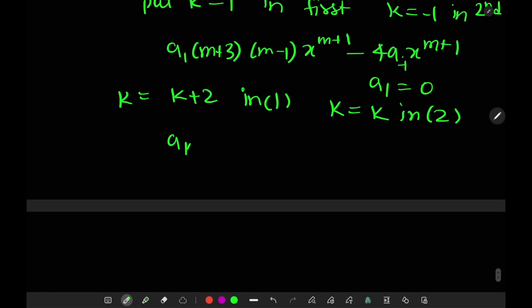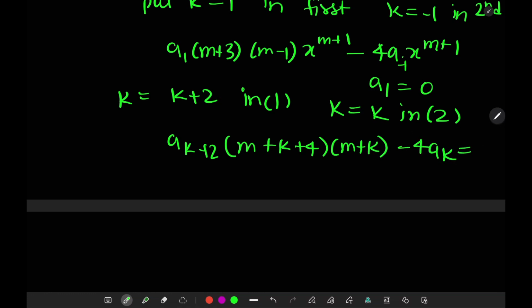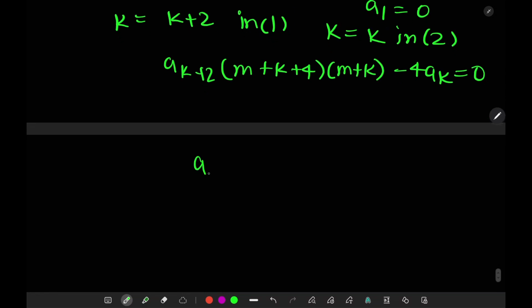We get this equation. Now this equal to this.